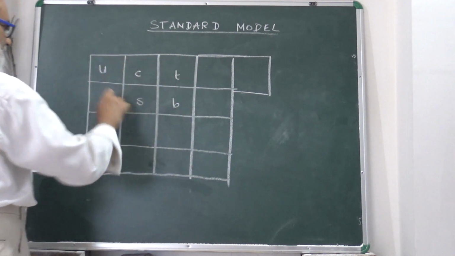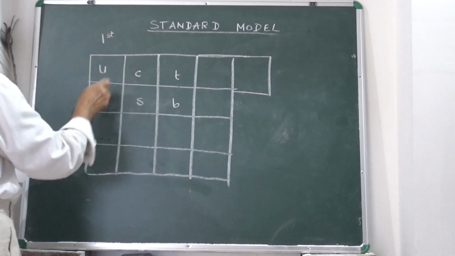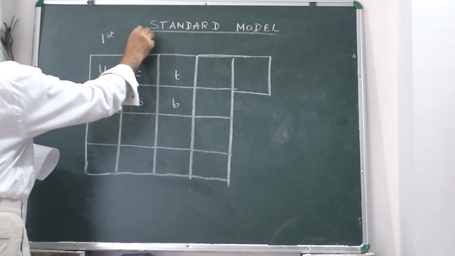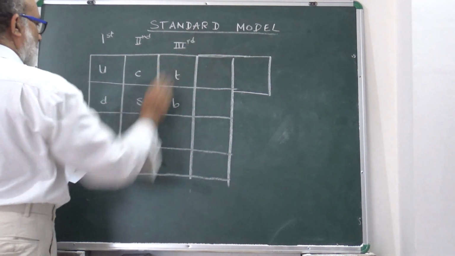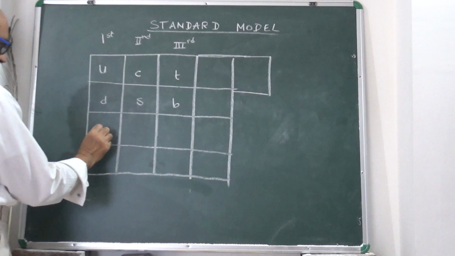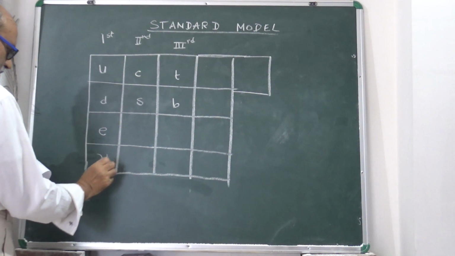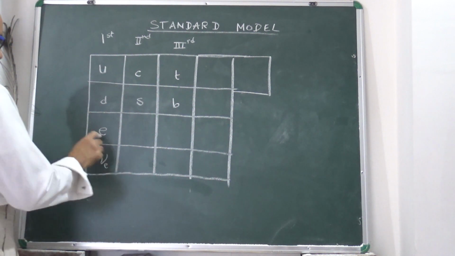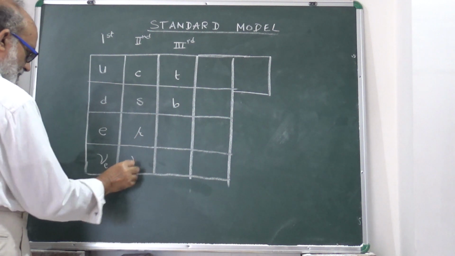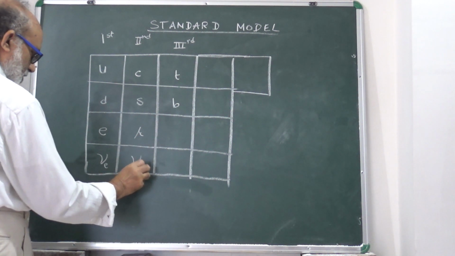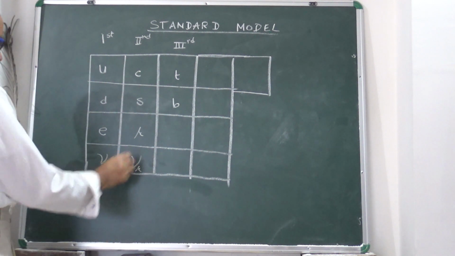We have 6 quarks. This is the first generation of quarks. This is the second generation. And this is the third generation. We have electrons and a neutrino corresponding to this electron. And the heavier version of the electron we have called muon, and its corresponding neutrino called muon neutrino.